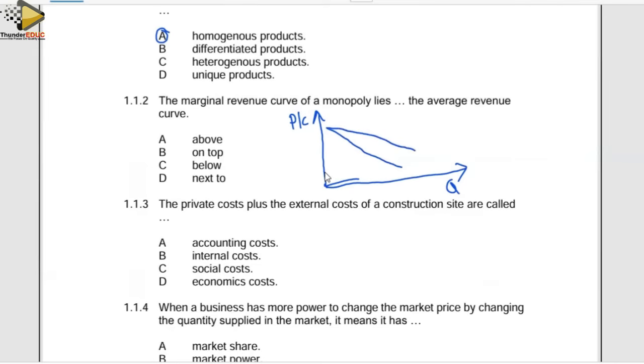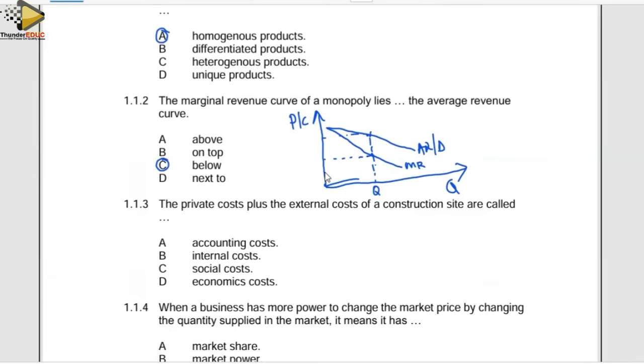And we understand that our average revenue is equal to the demand curve, and then our marginal revenue is always below. If you look at the relationship of these two at a particular quantity, let's say quantity Q, we see that our marginal revenue is there and our average revenue is there. So your marginal revenue is always below the average revenue or the demand curve. So it's C. Right. Then we move on to the next question.